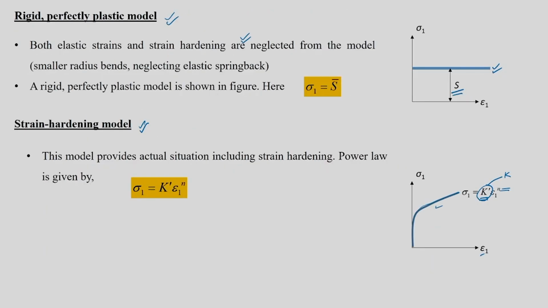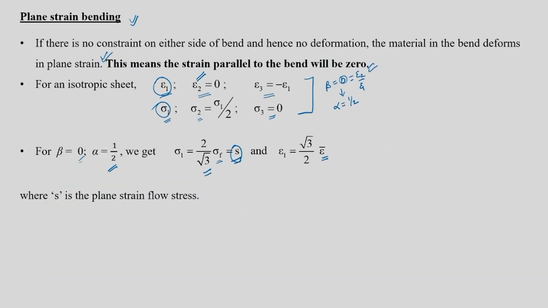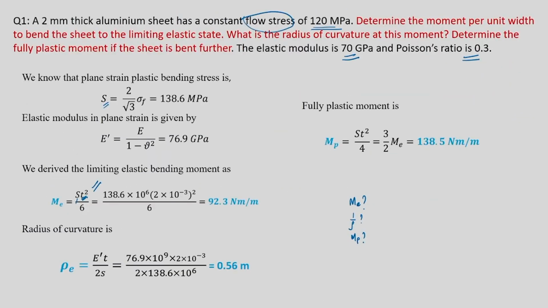In the second section we have seen this: sigma 1 is equal to 2 by square root of 3 into sigma F. The sigma F is given; when you say simply flow stress, we can take it as sigma F. So 2 by square root of 3 into 120 gives about 138.6 megapascal.